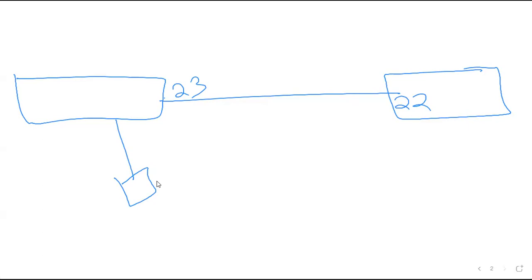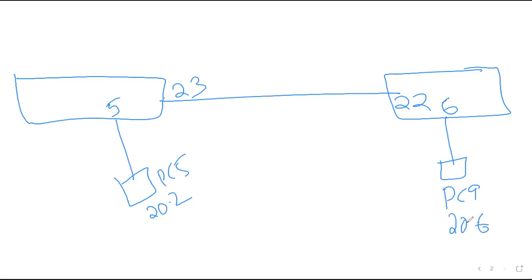This is port number 5, 20.2. Here you have PC5, PC9. This is port number 6, PC9. This is PC5, right? And this is 20.6.